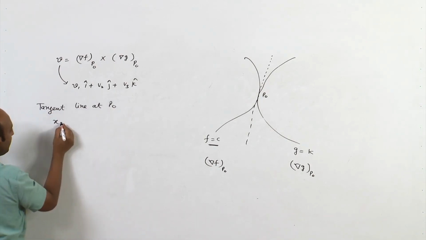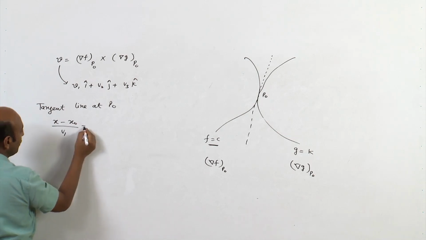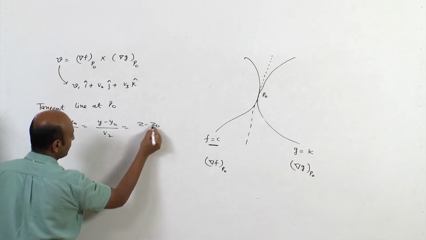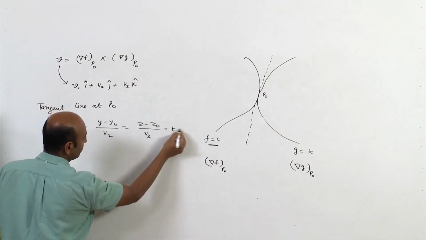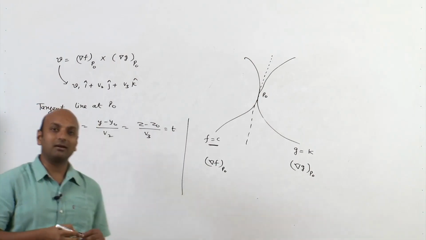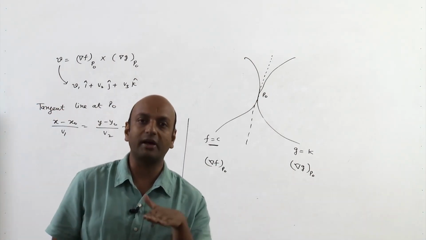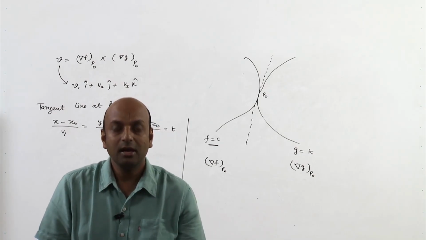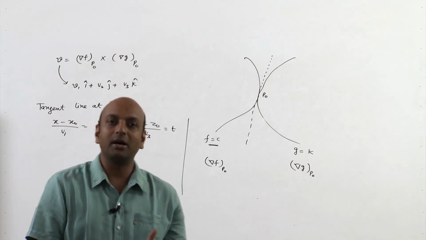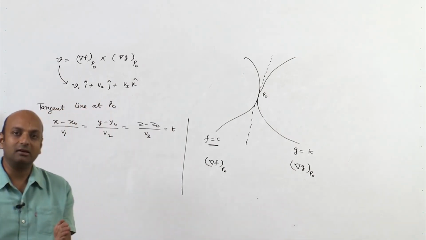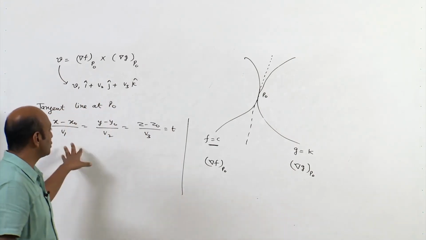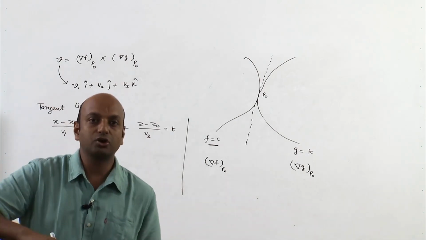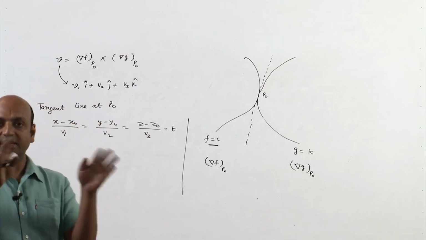It will be x minus x naught upon V1, y minus y naught upon V2 and z minus z naught upon V3, because both are parallel. You see, x minus x naught, y minus y naught, z minus z naught is a vector lying on the tangent line, and vector V is also parallel to the tangent line. So, both will be parallel, this means ratios will be same. So, in this way we can find out the equation of tangent line when two surfaces are intersecting.